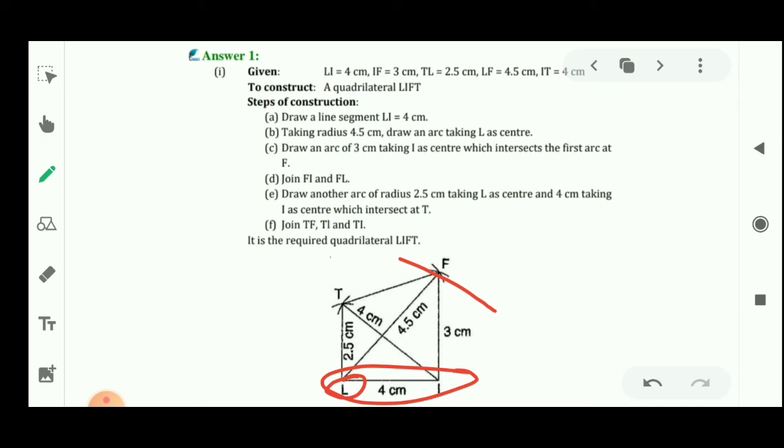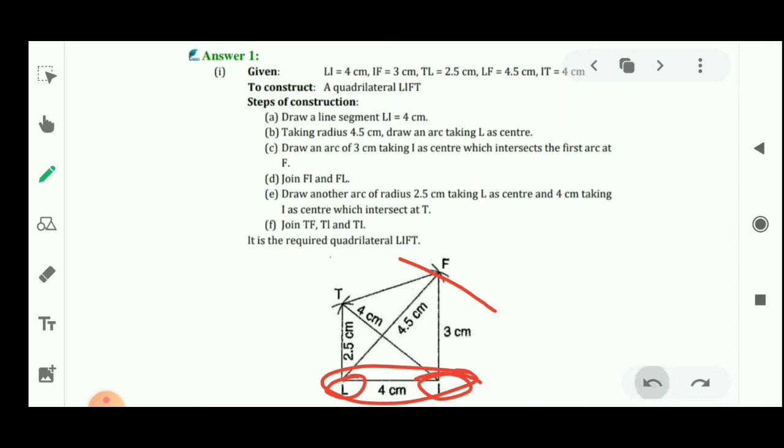Then you have to put your point on I and take the radius of 3 centimeter and draw another arc like this, which cuts the previous arc at point F. Now friends, you have to join LF and IF like this.